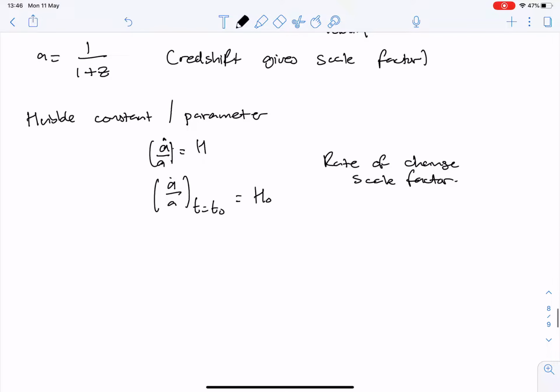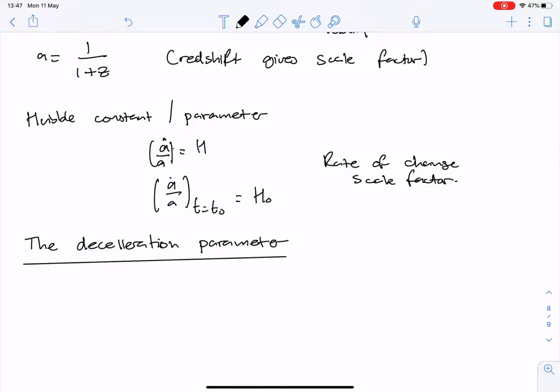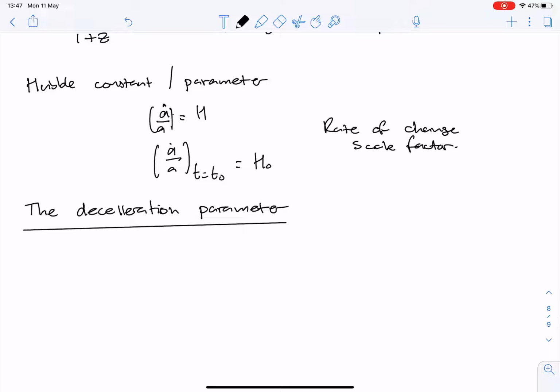And then I'm interested in the acceleration or the deceleration of the universe. And this leads me to something called the deceleration parameter. And this is a little bit more complicated to understand, this one. And so the idea of measuring a deceleration parameter was that before we had much knowledge of what the universe was doing, we wanted something that was kind of physics-free.